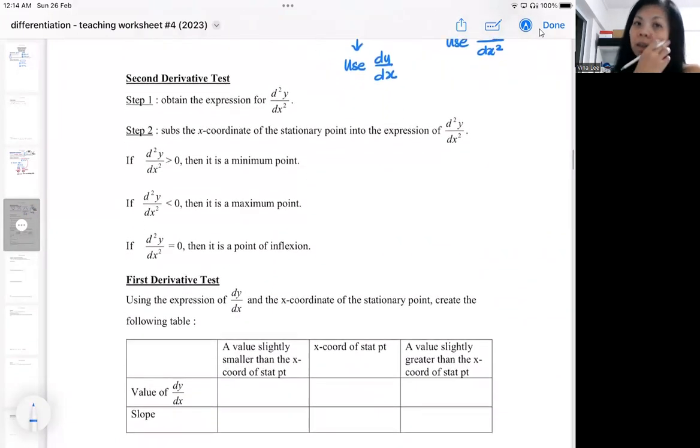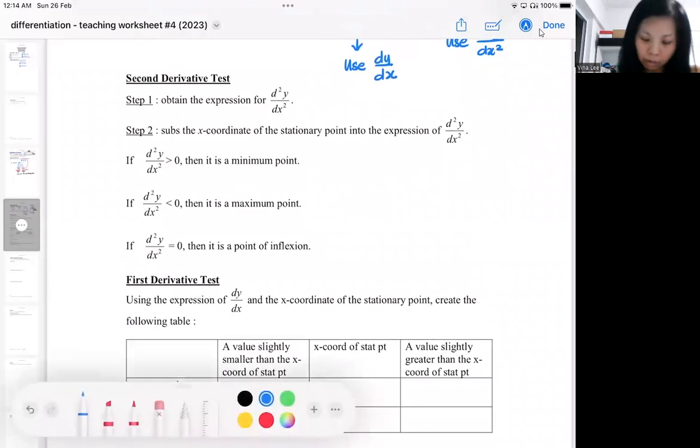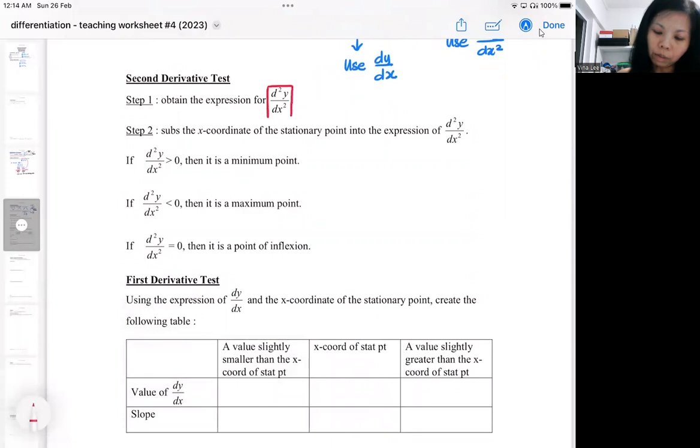For the second derivative test, obviously you must get the second derivative first. That means you must be able to get a formula. By the time you get your second derivative, you already have the x coordinate of the stationary point.